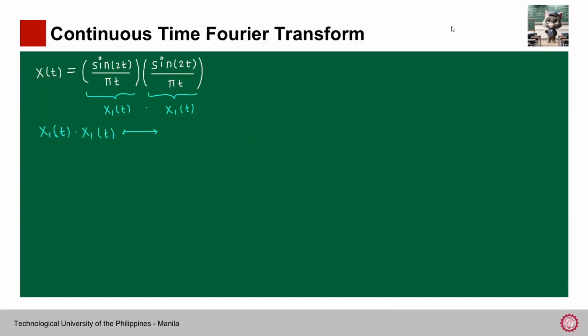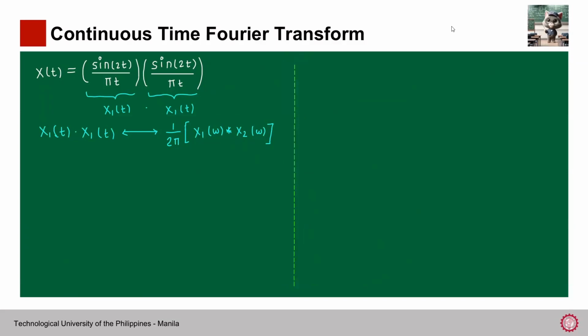Ang gagamitin natin is multiplication property, and that is 1 over 2 pi multiplied by the convolution ng x1 of omega kay x2 of omega. So that is the multiplication property.